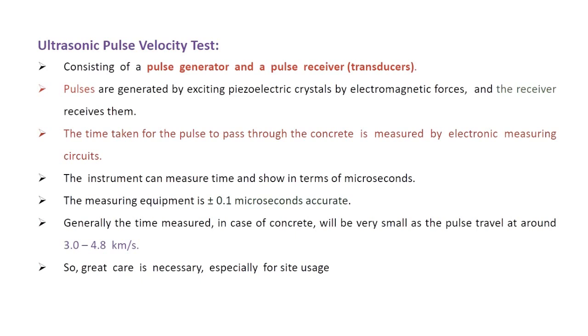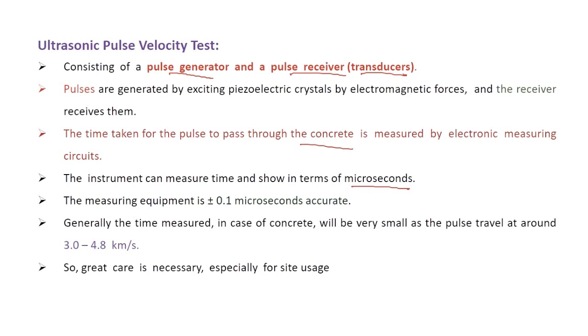Okay, so it consists of the pulse generator and pulse receiver, which is called a transducer. Pulses are created by this, and they are going to travel through the concrete, and we have an equipment that measures the time taken for the pulse to pass through the concrete, and it gives the time as accurately as microseconds.